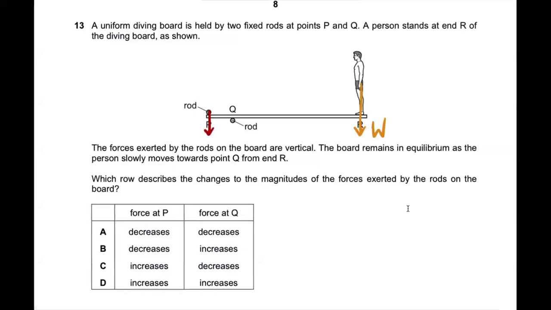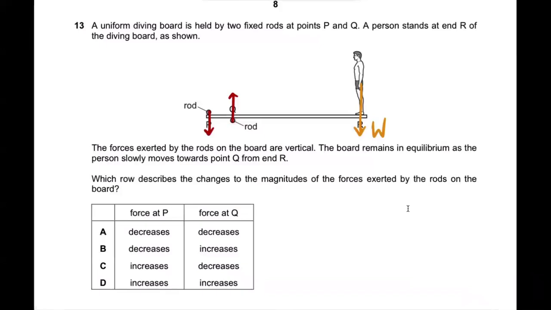And similarly, because this end wants to go here, the force exerted at Q on the rod is upwards. The first thing is just to do that, right? So the rod at P and the person's own weight exert downward forces, and the rod at Q exerts an upward force, right?